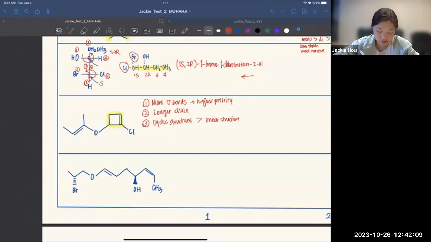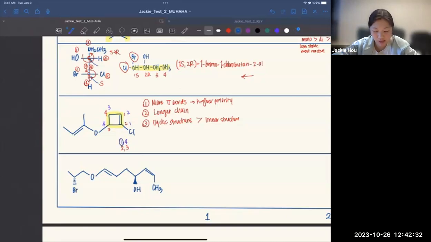So if we numbered this as 1, 2, 3, 4, that gives us 2, 3, right? But if we numbered it the other way, 1, 2, 3, 4, even though we end on a 4, which doesn't seem very nice, you always want to look for the first point of difference. And the first point of difference is our 1 over here.